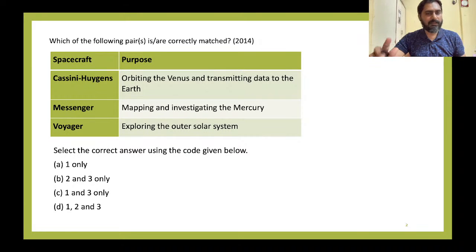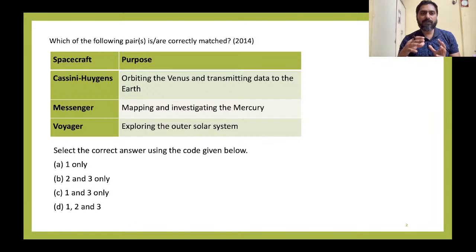Specifically, you can see in this question, they ask questions related to missions, so you need to have a holistic understanding. In missions, we will not be just studying random missions, but we'll try to study it in a more organized manner, and cover the past missions and the present missions also.